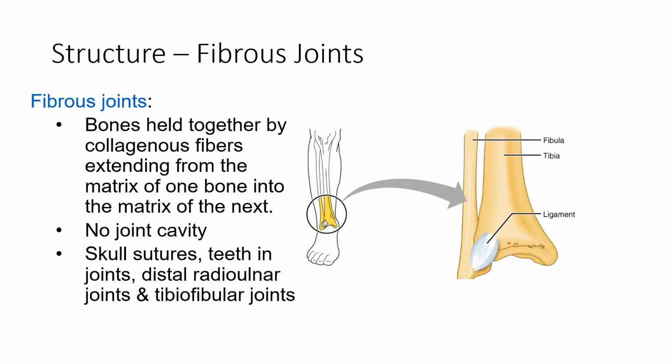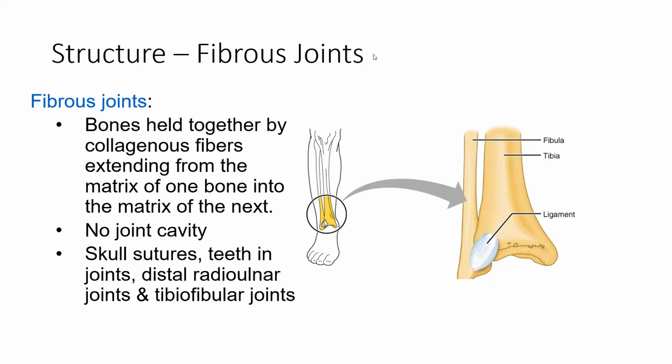The skull sutures depend on fibrous connective tissue. We have the periodontal ligament holding our teeth in the socket, and we also have the distal end of the radius and the ulna. That's the radio-ulnar joint, the far end near the wrist.